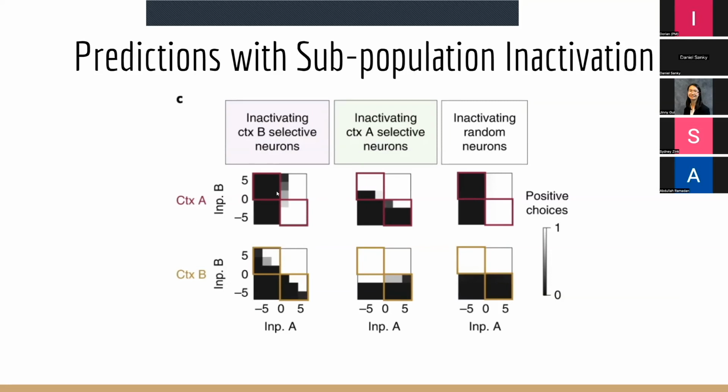And then the opposite occurred when turning off population A neurons. And if they just turned off random neurons instead of choosing from a particular population, the performance of the network didn't really change. There was enough redundancy that nothing really happened.